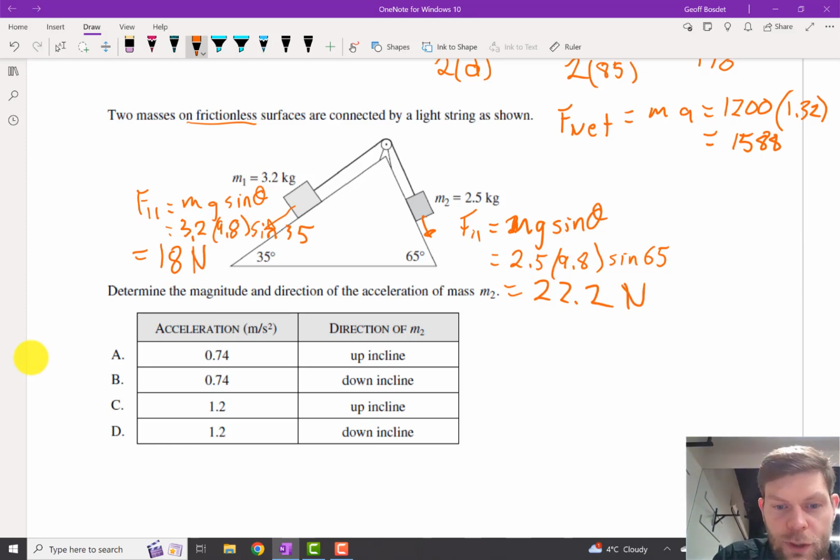So it looks like this guy is the winner. So it is definitely down the incline. This one's going to win.